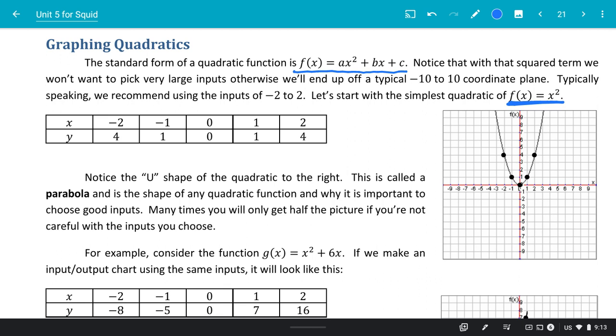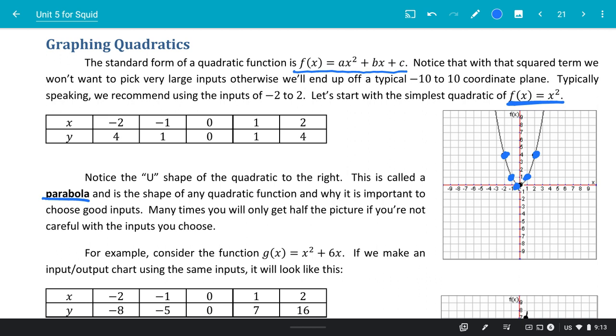We've done those t-charts before. And if we were to graph those points, -2, 4, -1, 1, 0, 0, 1, 1, and 2, 4, notice the U shape of the quadratic to the right. This is called a parabola and is the shape of a quadratic function.